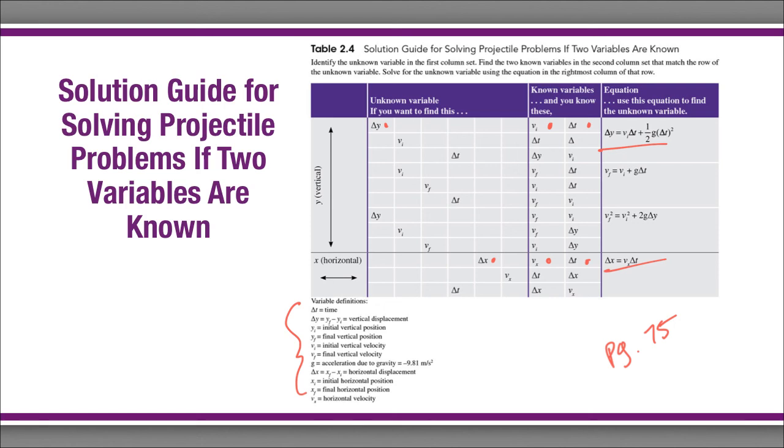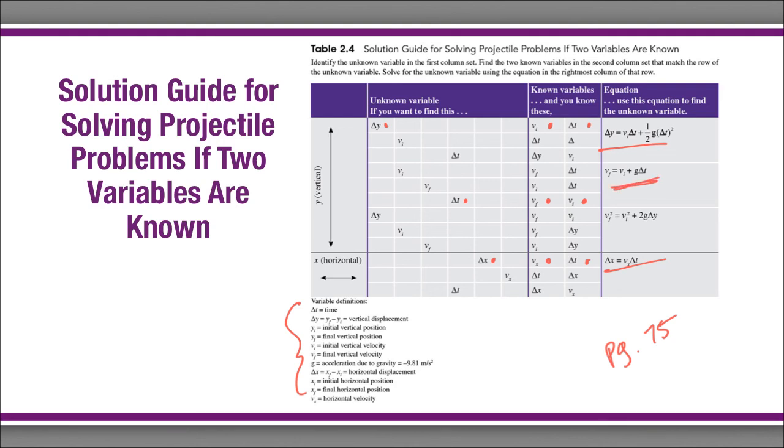However, if you're given final velocity and initial velocity of an object in the y direction, okay, and you're looking at the change in time, so potentially how long it's in the air, this is going to be the equation you're going to use, okay?